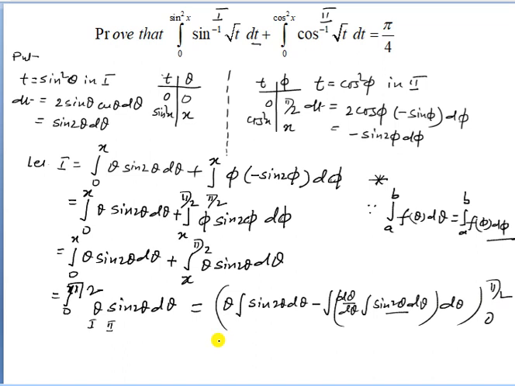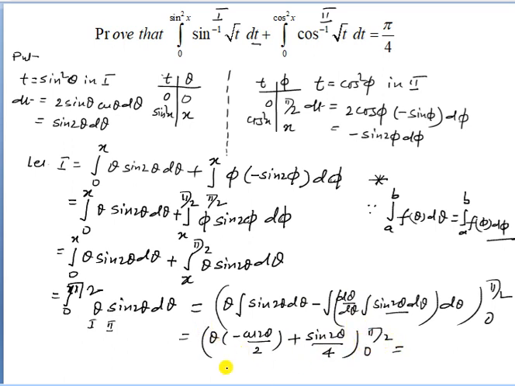The integral of sin 2 theta is minus cos 2 theta by 2. Minus minus becomes plus, and the integral of cos 2 theta by 2 is sin 2 theta by 4, so it is effectively sin 2 theta divided by 4, with limits 0 to pi by 2.